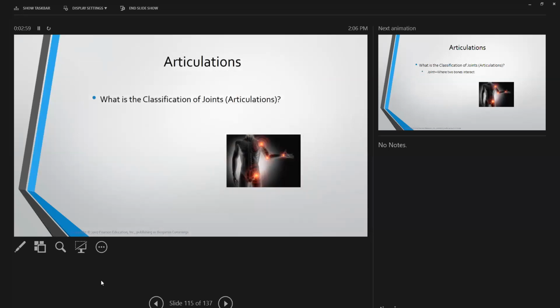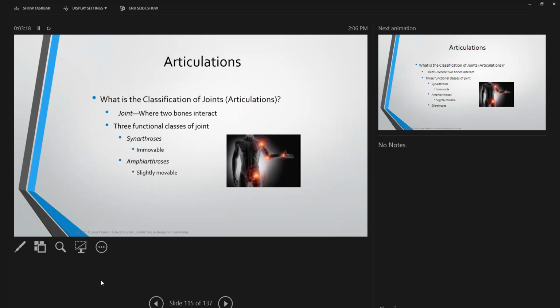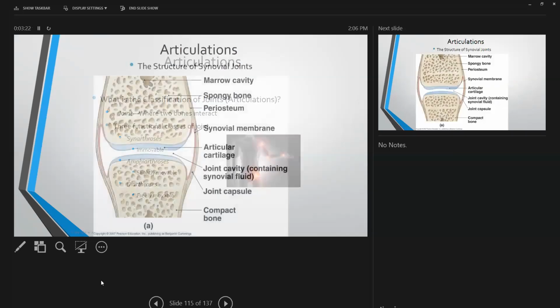Articulations. So we're talking about joints. A joint is where 2 or more bones interact. There are 3 functional classifications of joints: synarthroses are immovable, amphiarthroses are slightly movable, and diarthroses are freely movable.